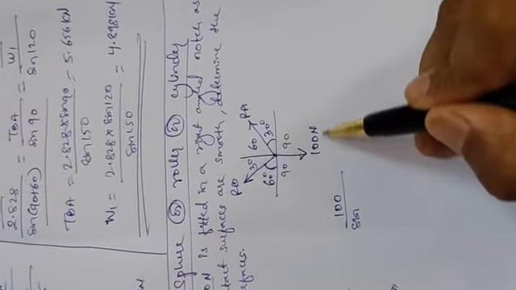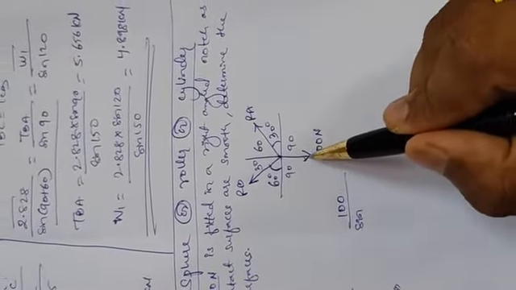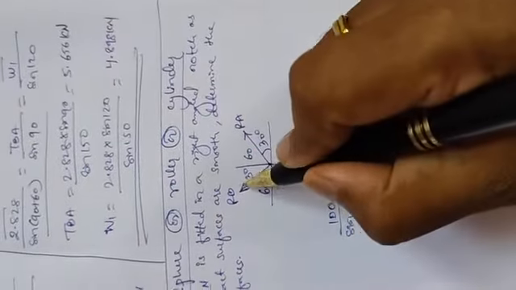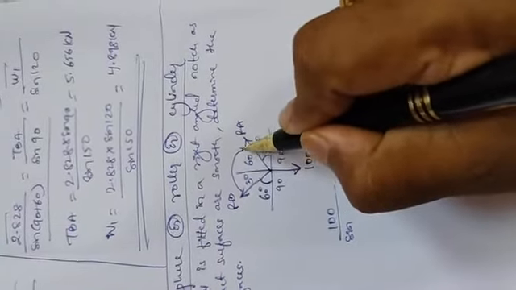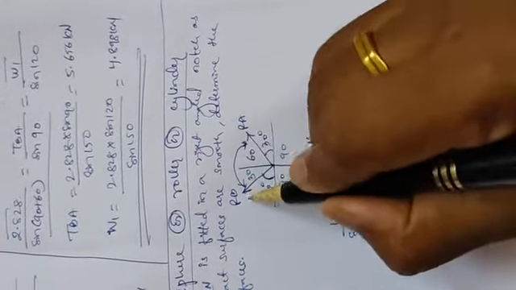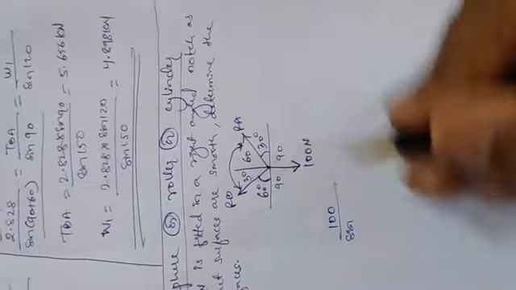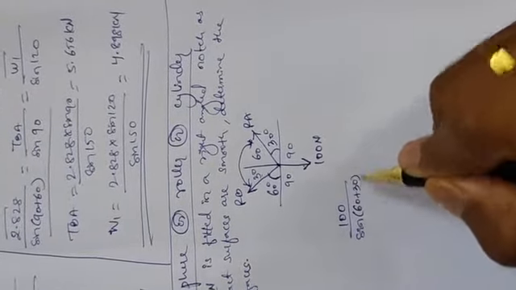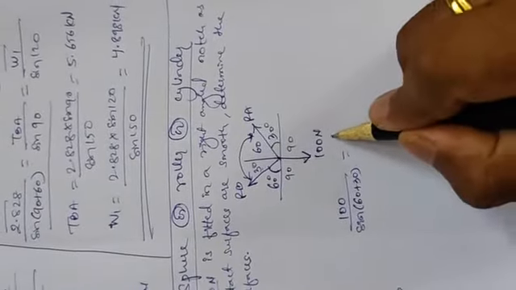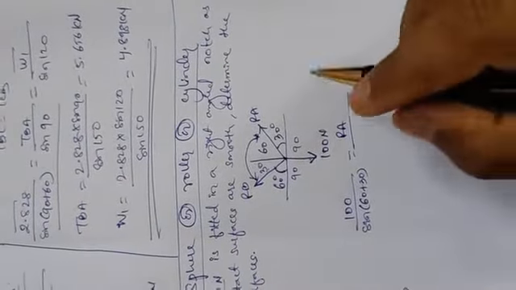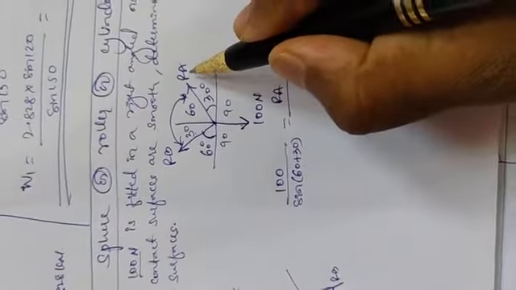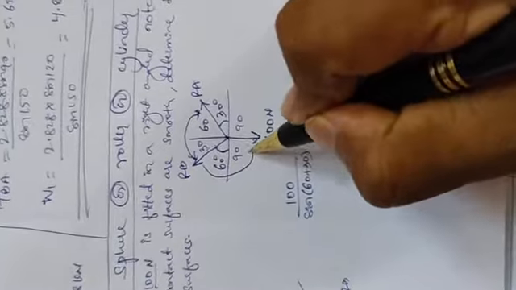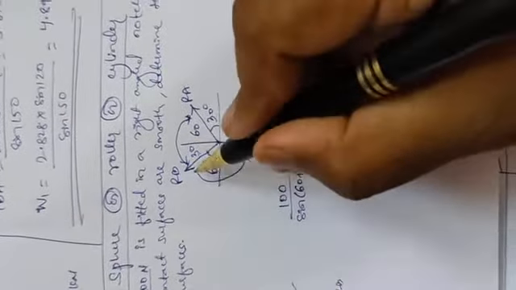Okay, now apply Lami's theorem. I have taken 100 Newton, which is a known force. For this 100 Newton force, the opposite two forces are RA and RB. The angle between these two forces is 30 plus 60, which is 90. Next I will take RA divided by sine of the angle between the opposite two forces. When I consider RA, the opposite two forces are 100 and RB.